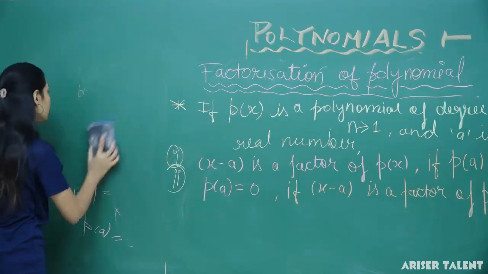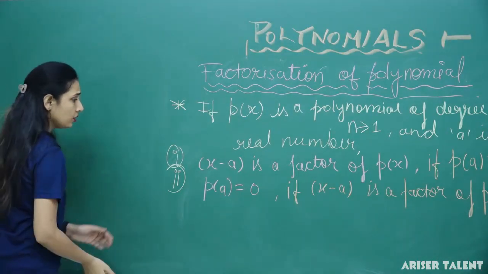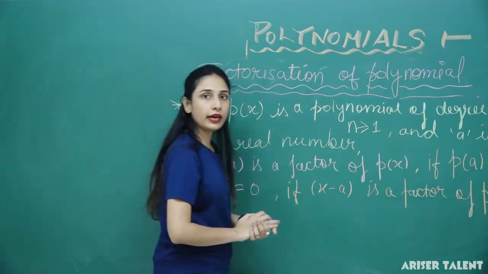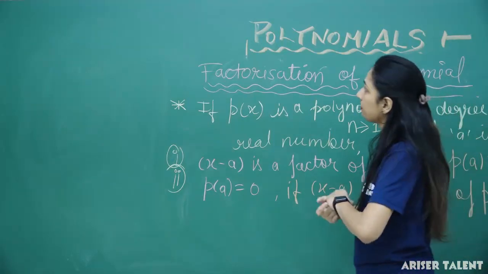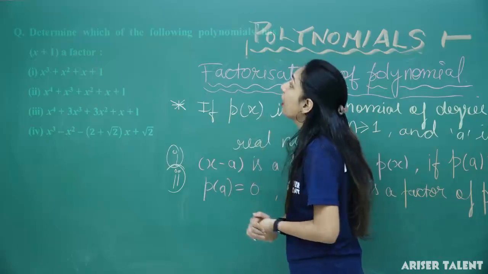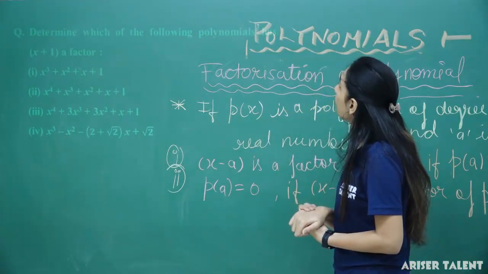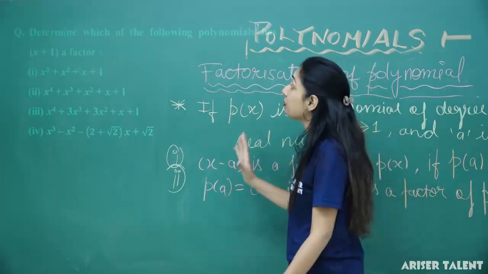Now how is this theory applicable? We will do some questions on that. Have a look at the question. Determine which of the following polynomials has x plus 1 as a factor.